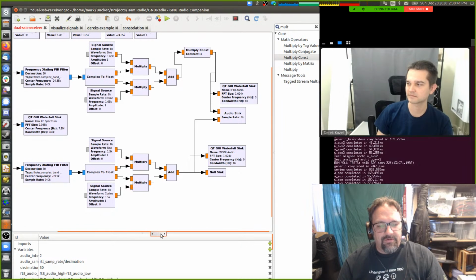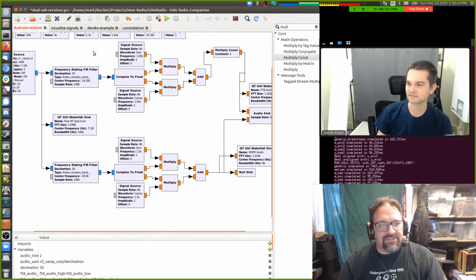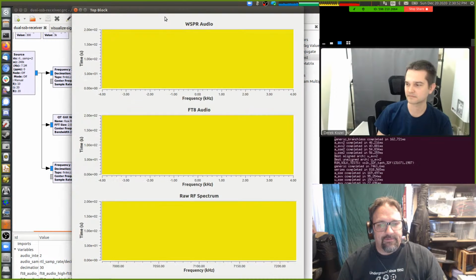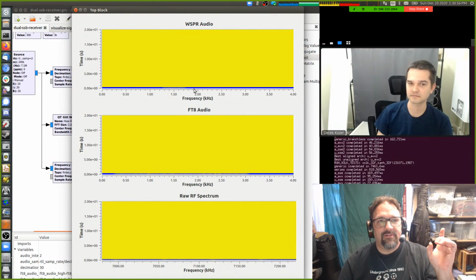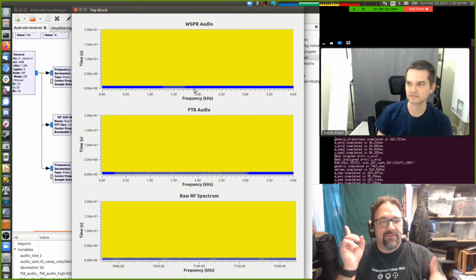So now I've demonstrated this receive chain around the FT8 band. I've got another one going around the WSPR band. So let's look at that. Now you should hear FT8 in one channel and WSPR in the other channel. Now WSPR is a lot quieter than FT8.